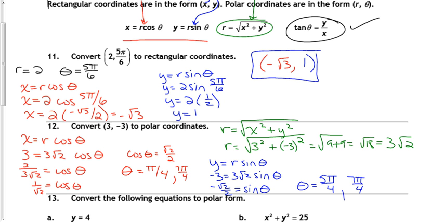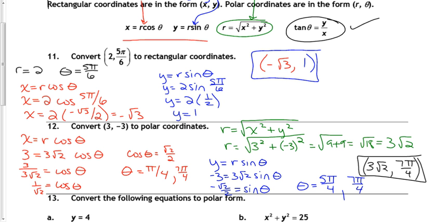At this point, I think you should be able to tell what our theta is. It's the one that works in both the x equation and the y equation, which is 7 pi over 4. So now I can write my point, which would be 3 square root 2 for r and 7 pi over 4 for my theta. That is that point converted into polar.